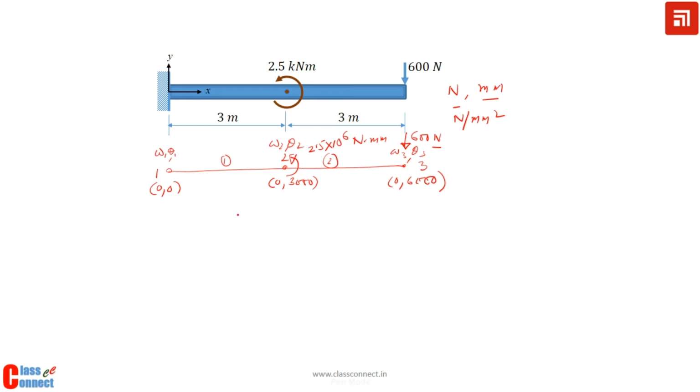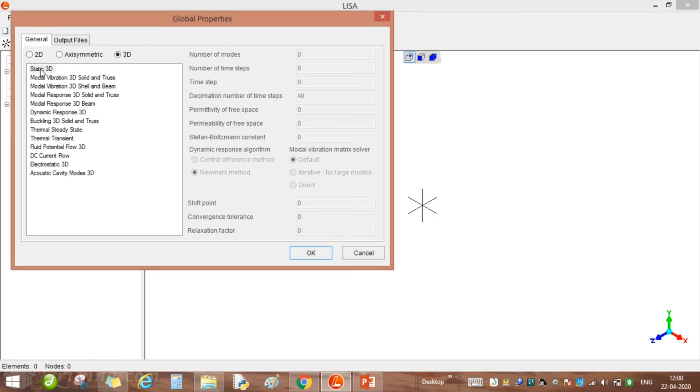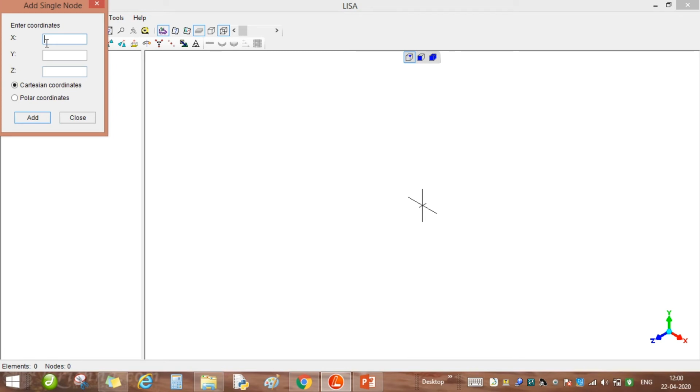Now let us open the Lisa software on our computer and try to model this. First of all, we will convert this into 2D. These similar steps we have to follow, so the initial steps I am not going to explain in detail.